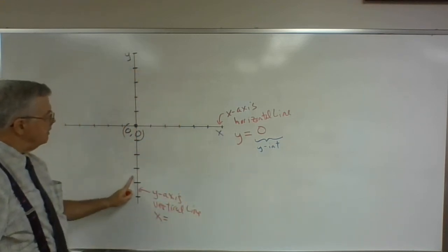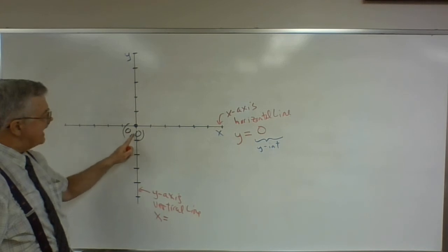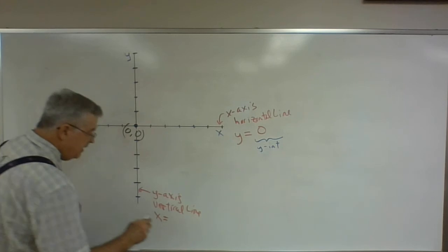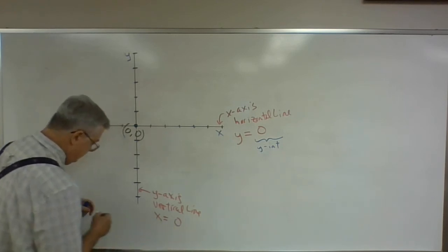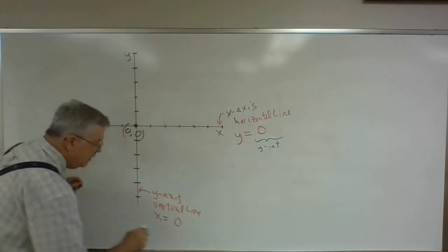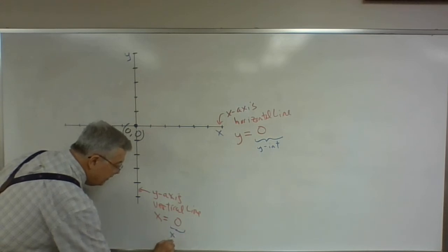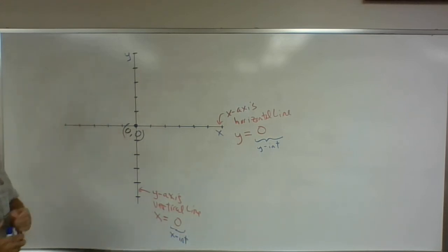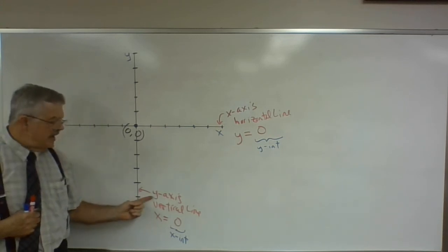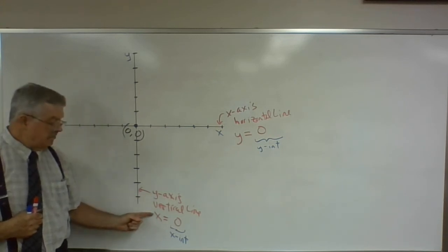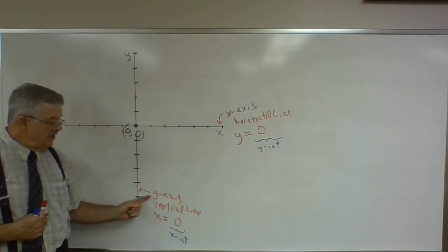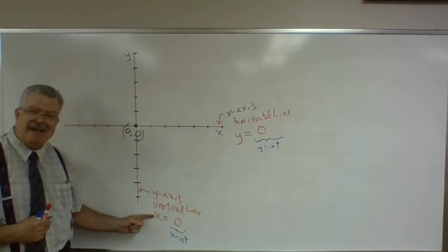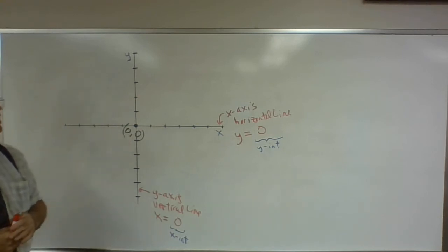Isn't it at x equals 0? This is the x-intercept. The equation of the y-axis is not y equals 0. The equation of the y-axis is x equals 0.